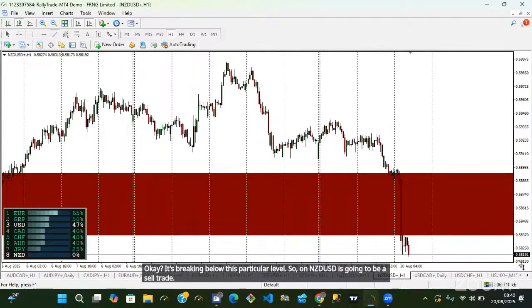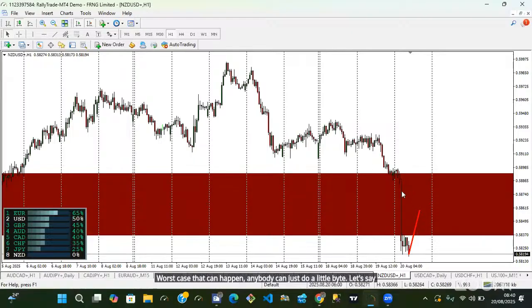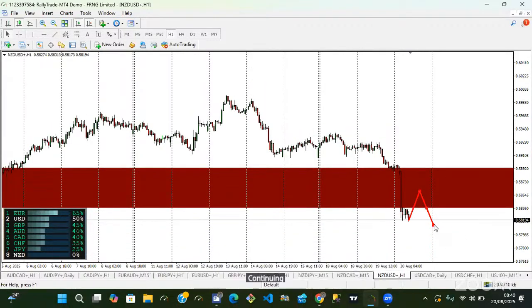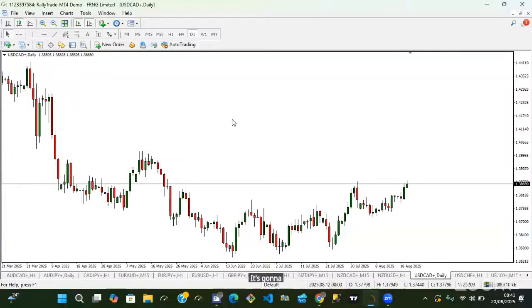Worst case that can happen, any buy can just do a little buy, let's say halfway of this massive push to the downside. So this is an imbalance which price might insist on covering before continuing to the downside. So NZD USD is going to be a sell. All right, NZ is very low, hence you are seeing that break. It's going to be more of a sell trade at the moment.